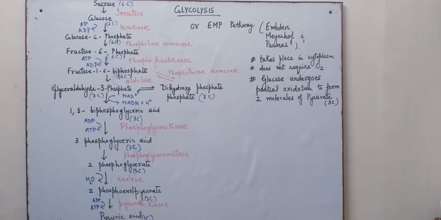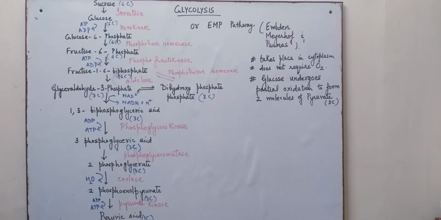Also, it is important to note that this process does not require oxygen. Here, the glucose undergoes partial oxidation to form the two molecules of pyruvate, a 3 carbon atom molecule. After the formation of the pyruvic acid or the pyruvate, the fate of the pyruvic acid depends upon the presence or absence of oxygen.